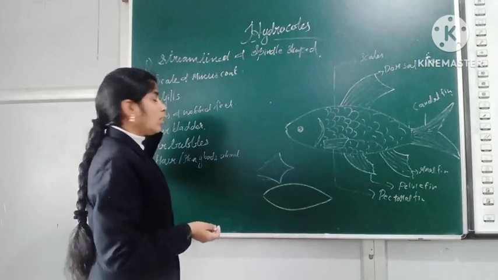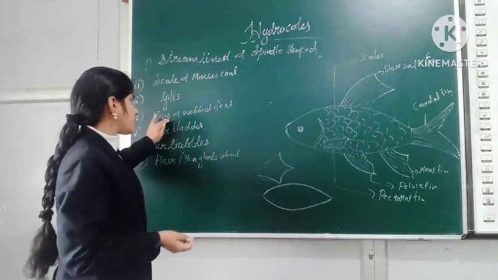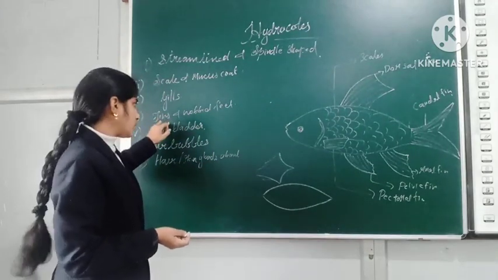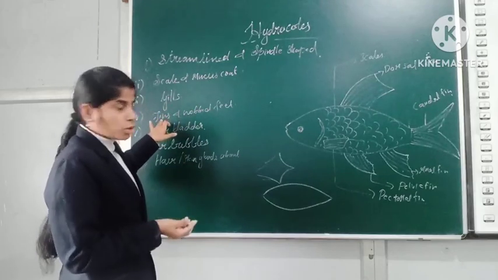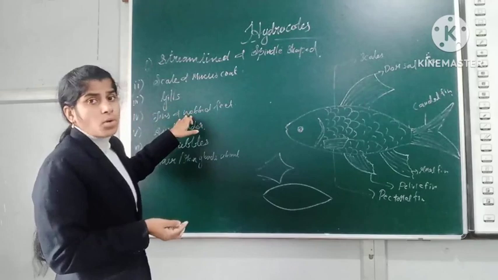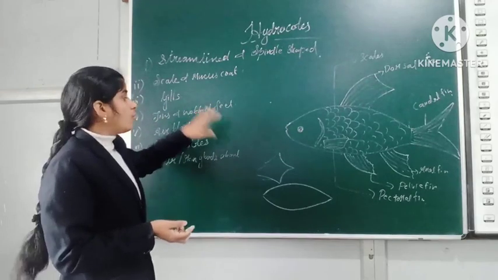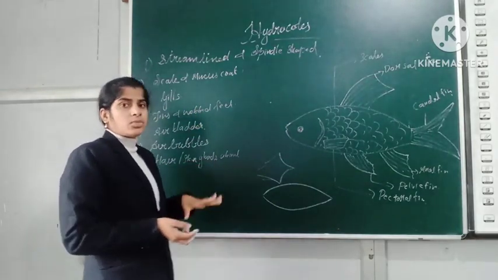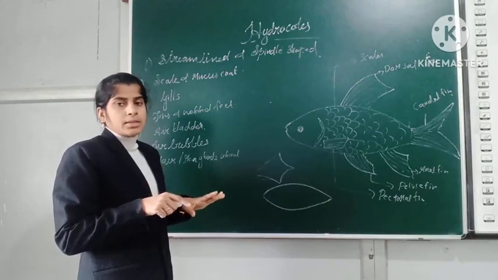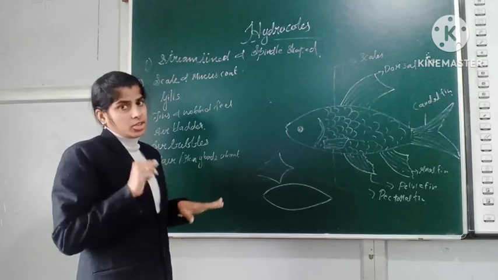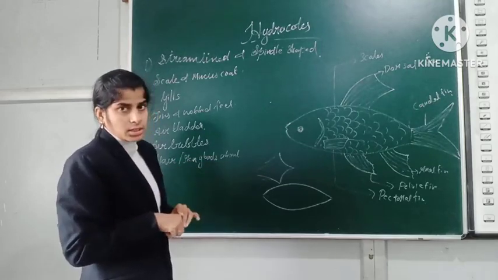Fishes have fins, which help them in swimming or locomotion, and frog and duck have webbed feet. Is it clear?